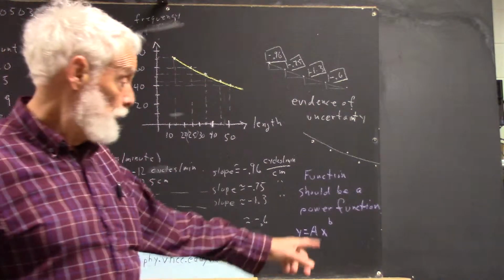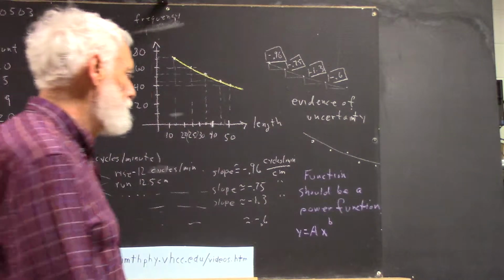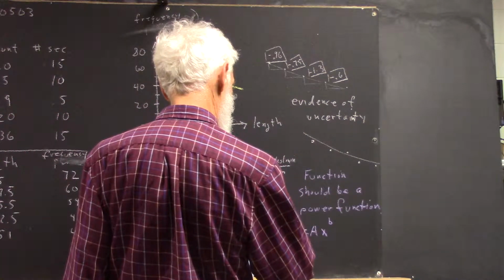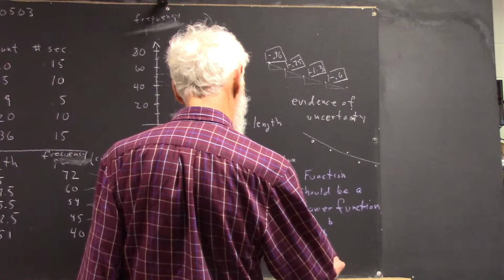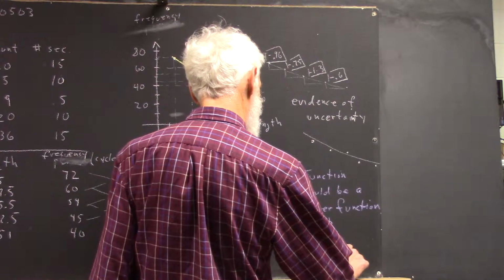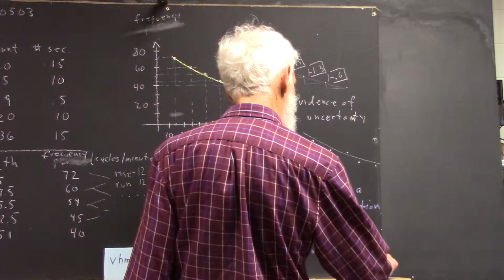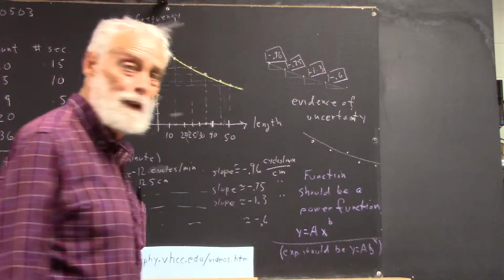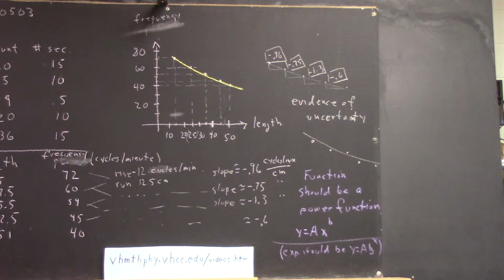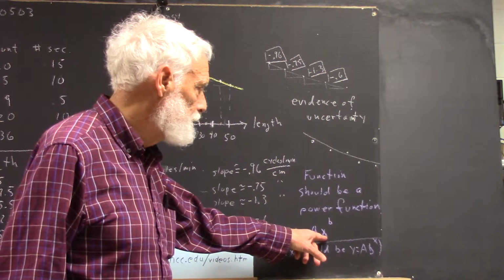Usually we'd use p here, but b is perfectly okay. That confuses it with exponential. So just to insert this, the exponential function would be y equals a b to the x, because an exponential has a base, b. Okay, so we got y equals ax to the b.